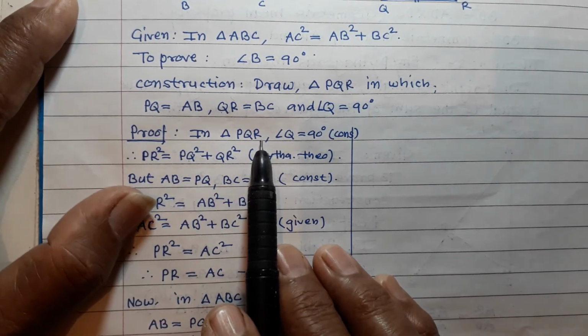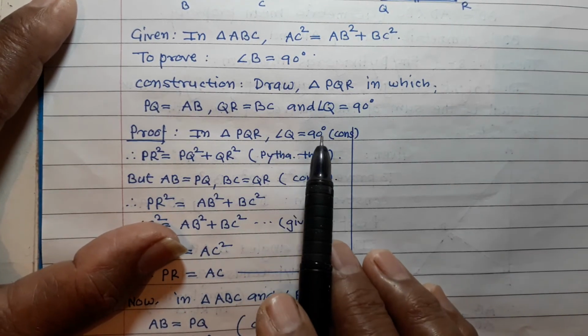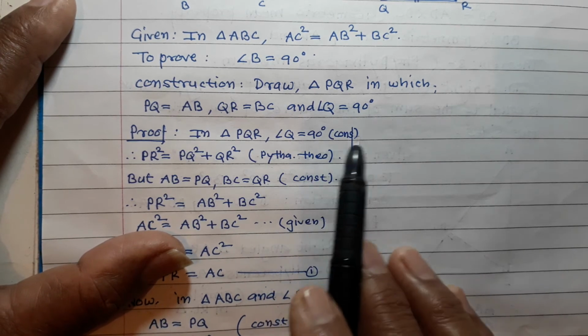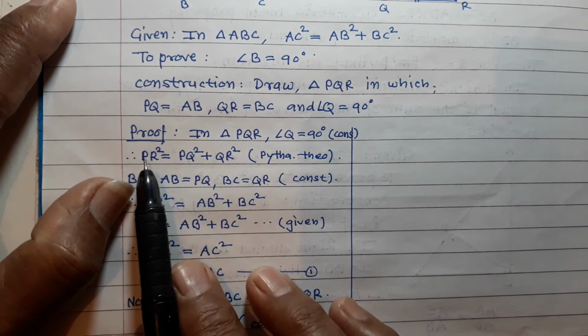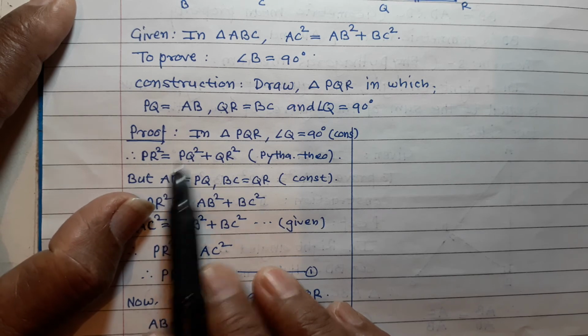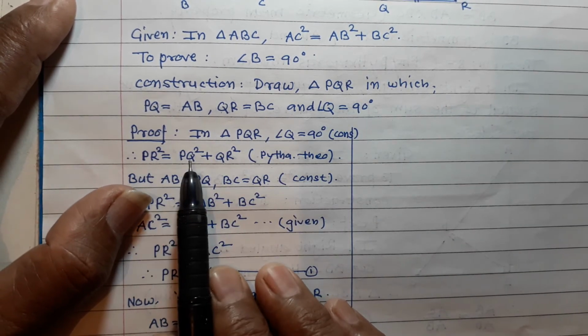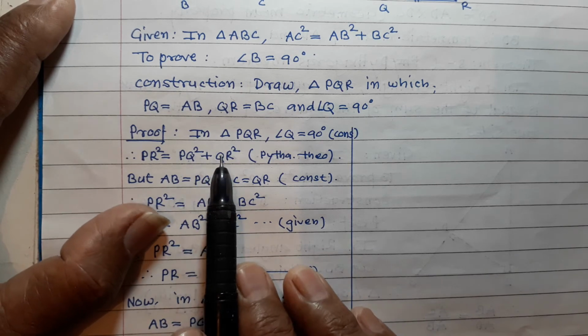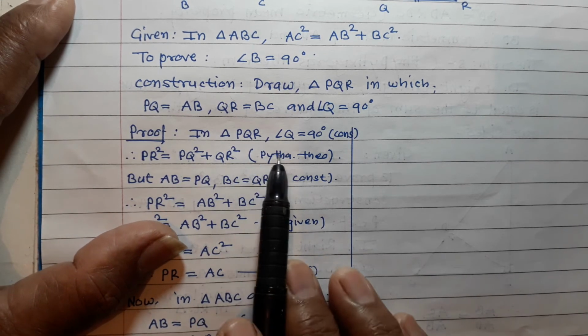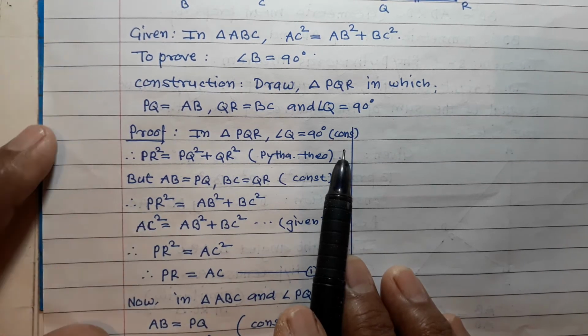In triangle PQR, angle Q is equal to 90 degrees, construction. This is a right angle triangle, and therefore PR square is equal to PQ square plus QR square, Pythagoras theorem.